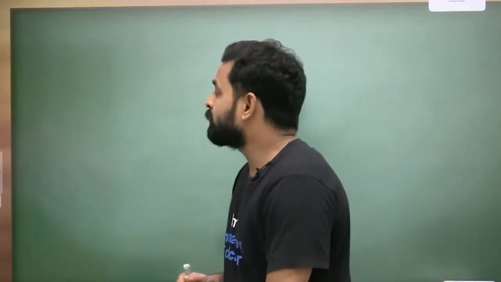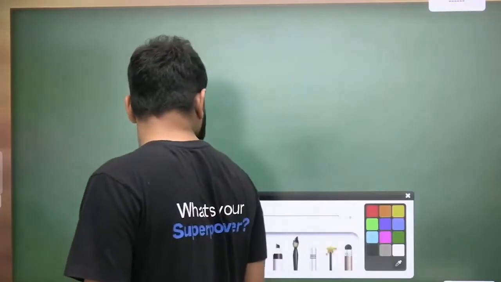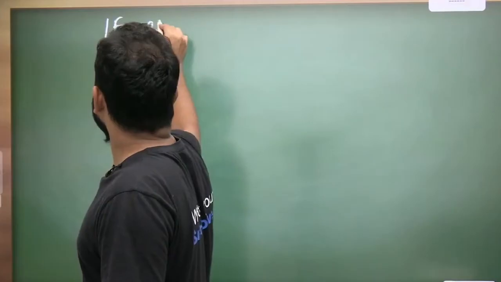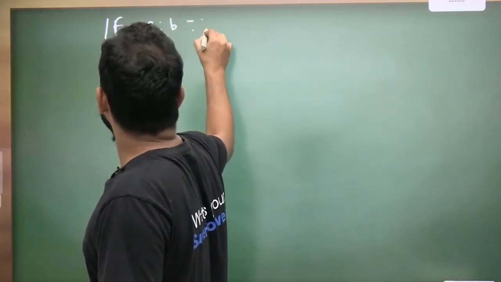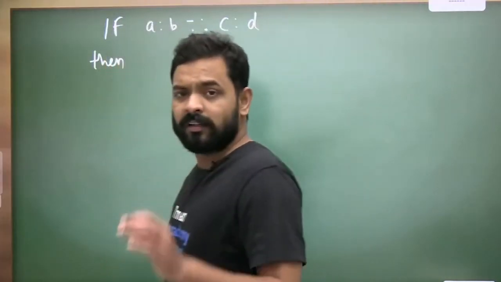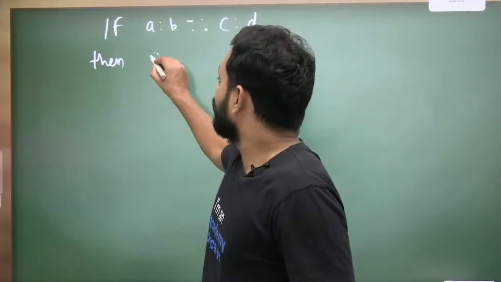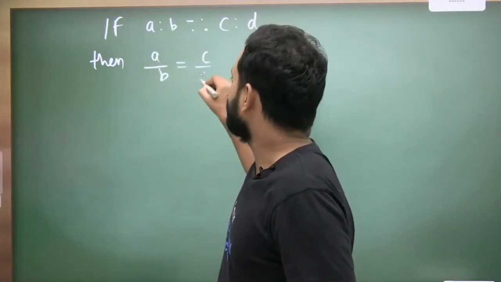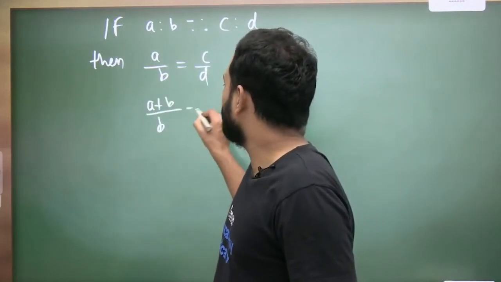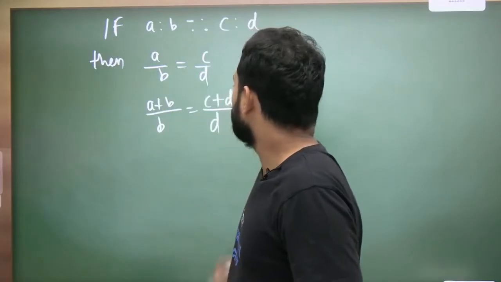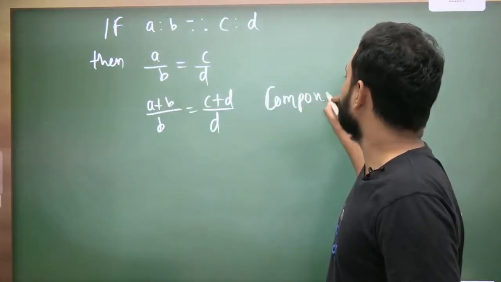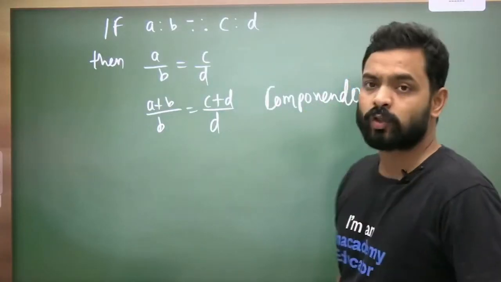So what are the fundamental rules in proportions? Let's say that if A is to B is proportional to C is to D, then the most important rule, we can write A upon B is equal to C upon D. A plus B upon B will be equal to C plus D upon D. This is called componendo.